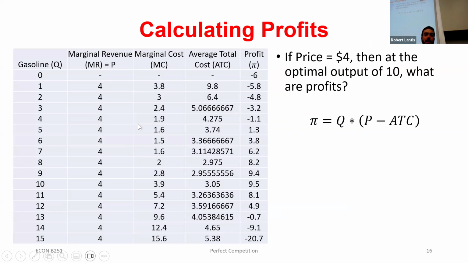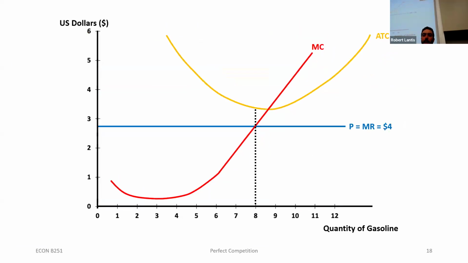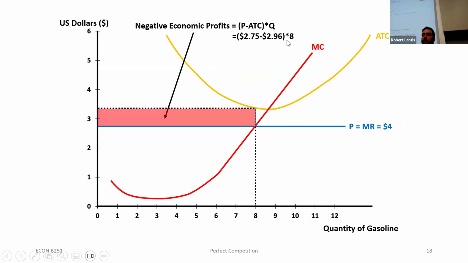So if my price was 275, all of these would be 275. Where's the last quantity that's greater than the marginal cost? It would actually be here at a quantity of 8. The average total cost would be $97.5. So I would just be plugging those values in. I think I rounded it a little bit there, right? And that's how I would calculate my negative profits.